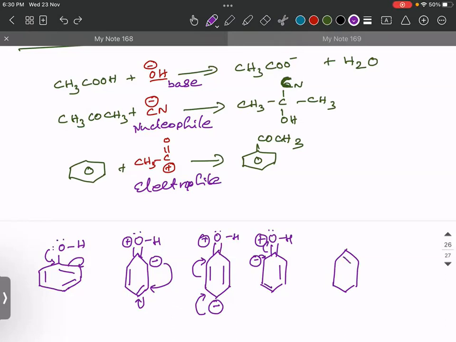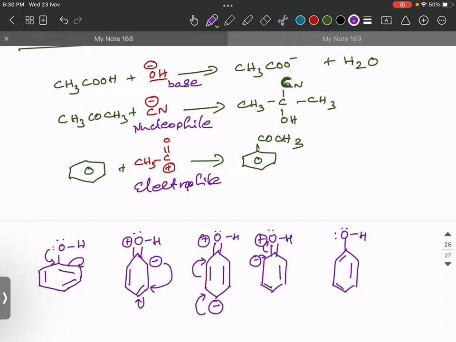Double bond, OH. Correct? So you started here. If you are drawing from here, you will end up here. Okay, only one resonance structure I am drawing, and then I will show the difference.